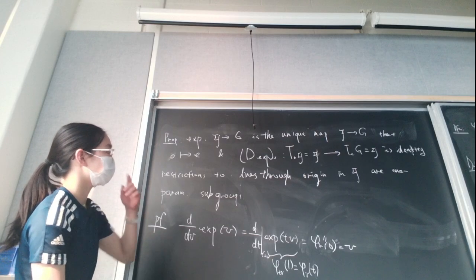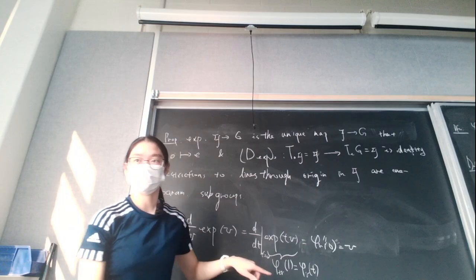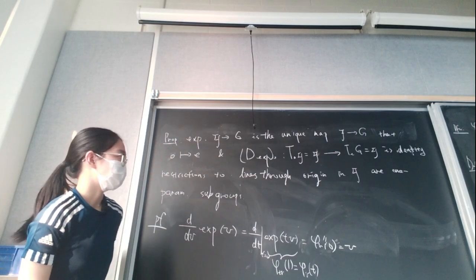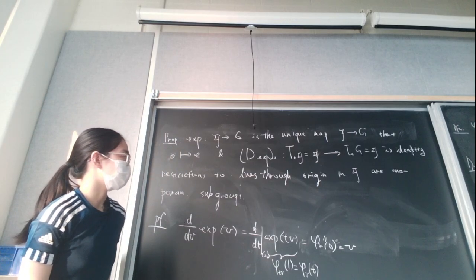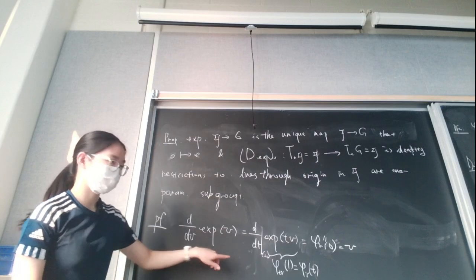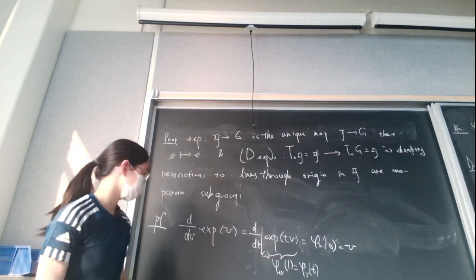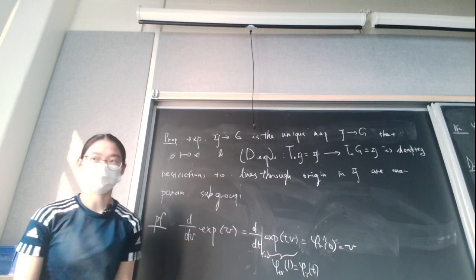So the uniqueness follows from the uniqueness of phi that solves the ODE. Yeah, you just draw a line from the origin to any point, and on that point this phi is unique, so the exponential map is unique.